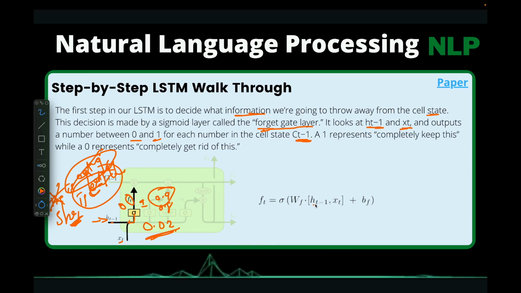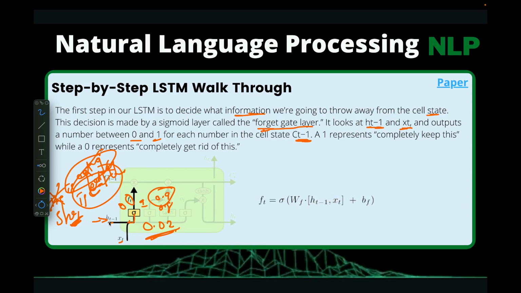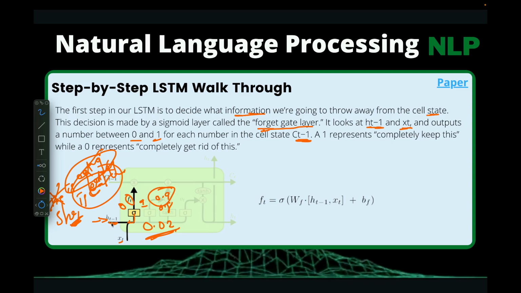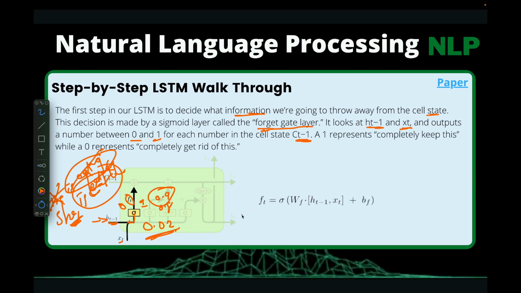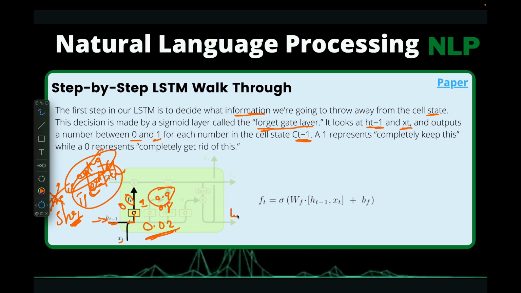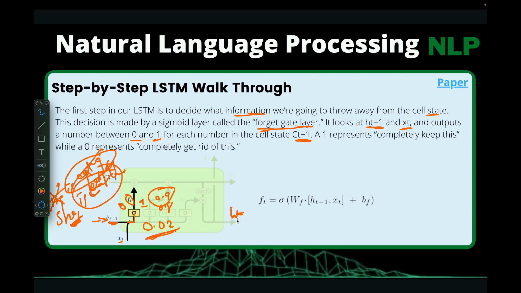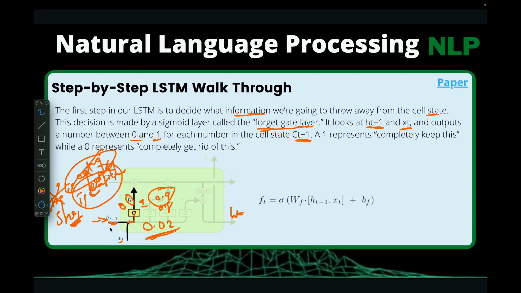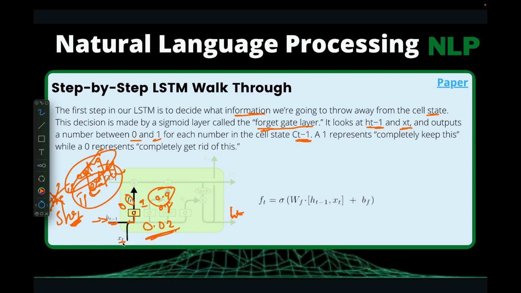And then if you see the equation, it's just simple. We are combining the previous hidden state, which is HT minus 1. The current hidden state will be HT. And then we combine it with the current data.